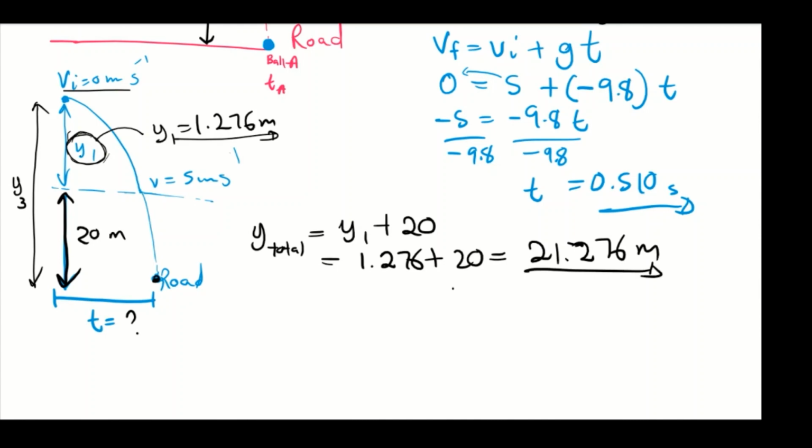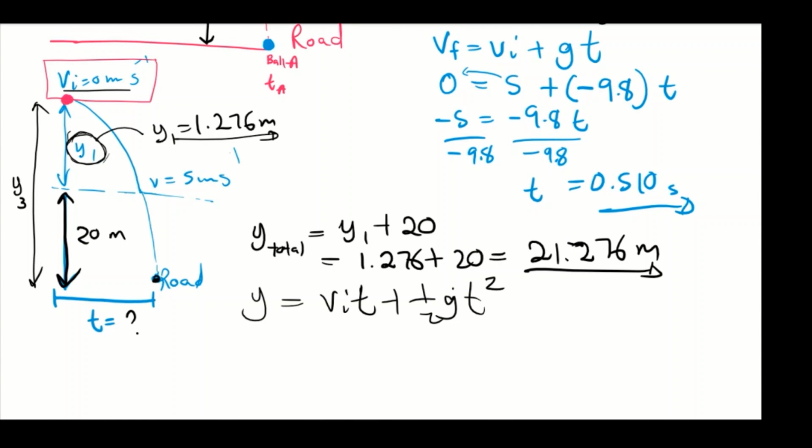So that is our total height, right? So we'll use the total height to find time. So you can simply say y equals v initial multiplied by t plus 1/2 multiplied by g t squared. Remember that our initial velocity is 0 meters per second if we are starting from this top point.